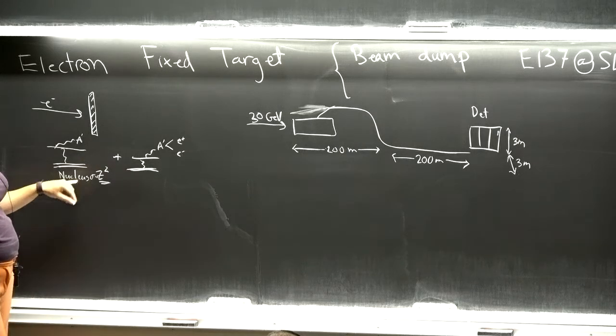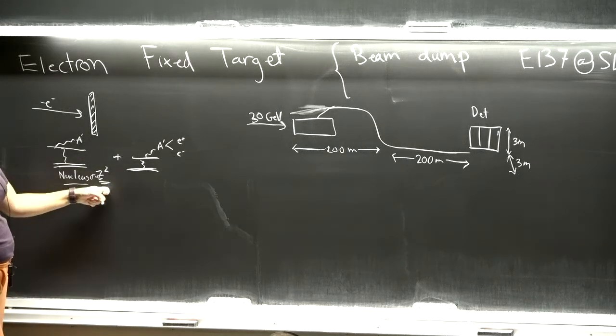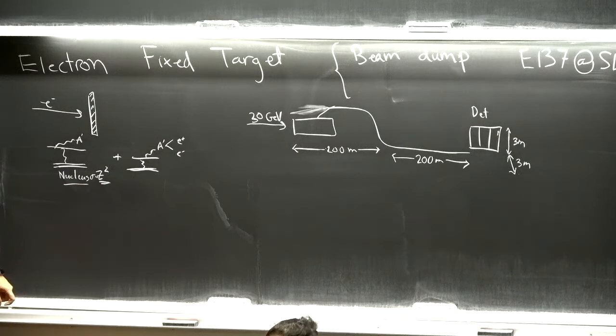The main thing is we're going to focus on this coherent process because it scales like Z squared. As you go to higher A prime masses, that becomes a less good approximation, and you have subleading processes that scatter off of individual protons.